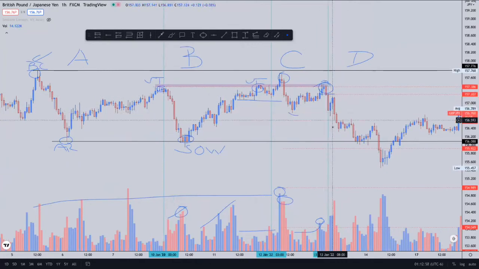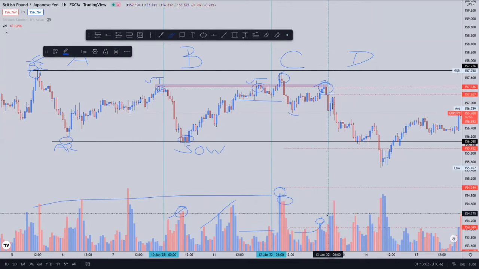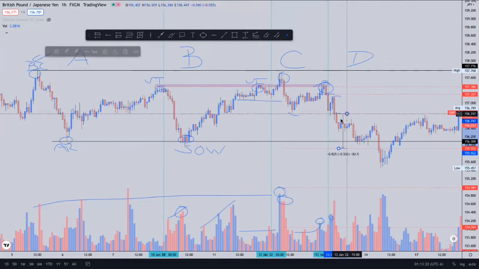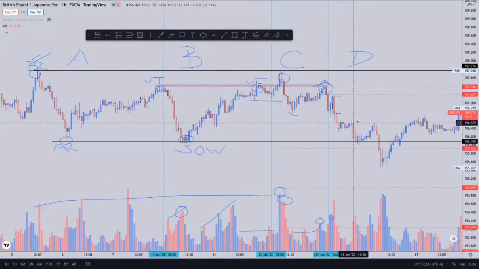Right after that, we have another pullback, high buy volume, results in a lower high. This close is an acceptable spot to open the trade again. So trade up here to the first target, that's 130 pips, whatever the case may be. Even the second trade to the first target is 82 pips, right?